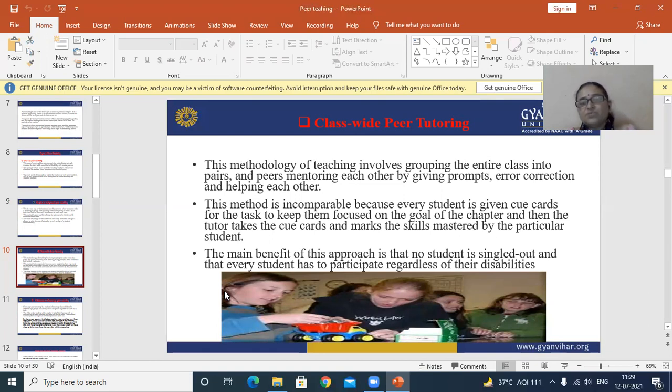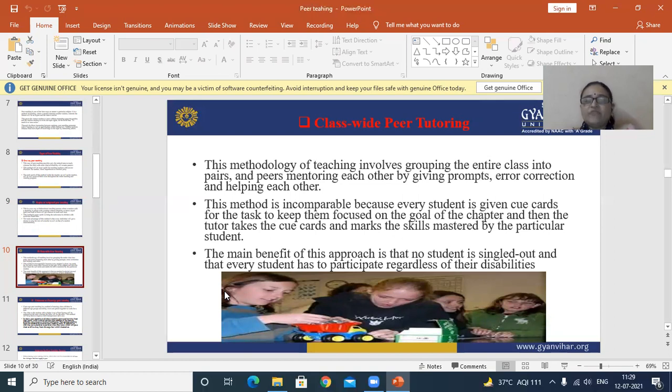effective because every student is given cue cards for the task to keep them focused on the goal of the chapter, and then the tutor takes the cue cards and marks the skill mastered by the particular student.